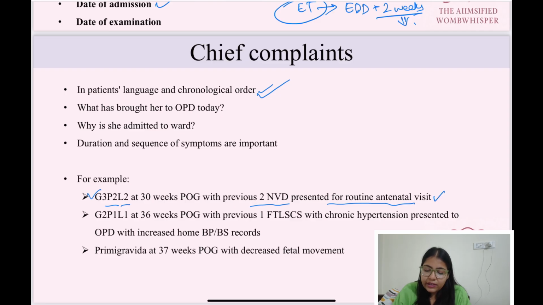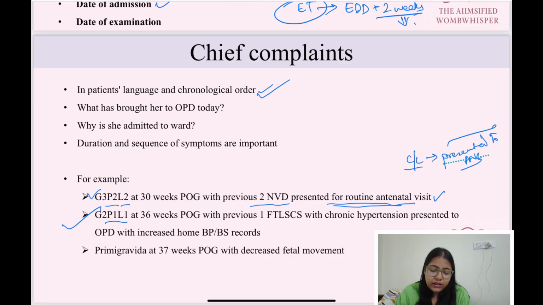Sometimes we write the chief complaint as, patient presented to OPD for routine antenatal checkup. So there is this one way of writing and there is this better way of writing: gravida 3 para 2 living 2 at 30 weeks period of gestation with previous 2 NVD for routine antenatal checkup. There is another example: gravida 2 para 1 live 1 at 36 weeks period of gestation with previous one full term LSCS.